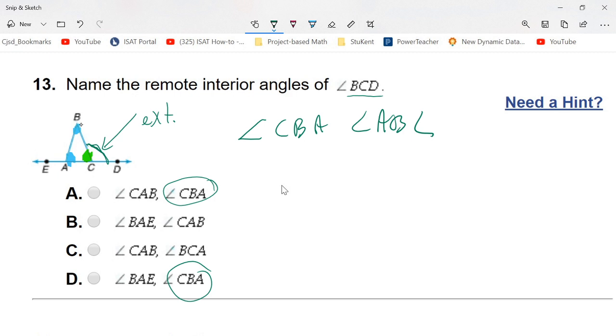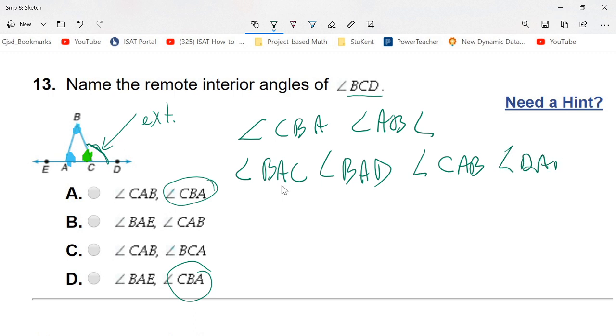Okay, and then this angle here is going to be called BAC. It could be called angle BAD, because I could go all the way out there to D. I could call it angle CAB, or I could call it maybe this way, right? Or DAB, angle DAB. They're all the same angle here.